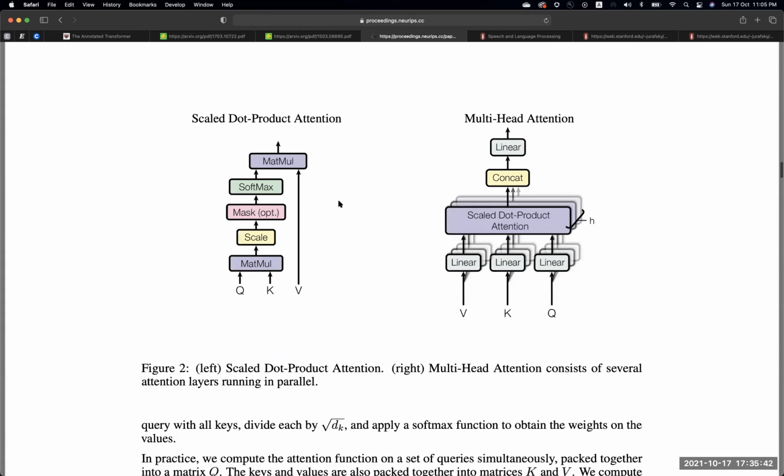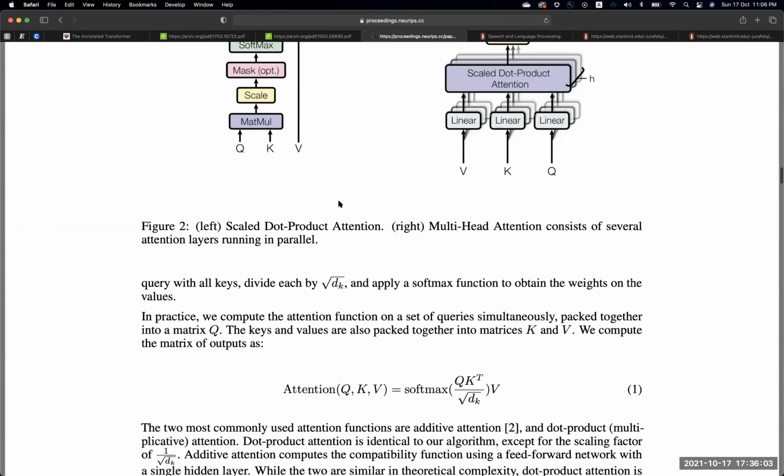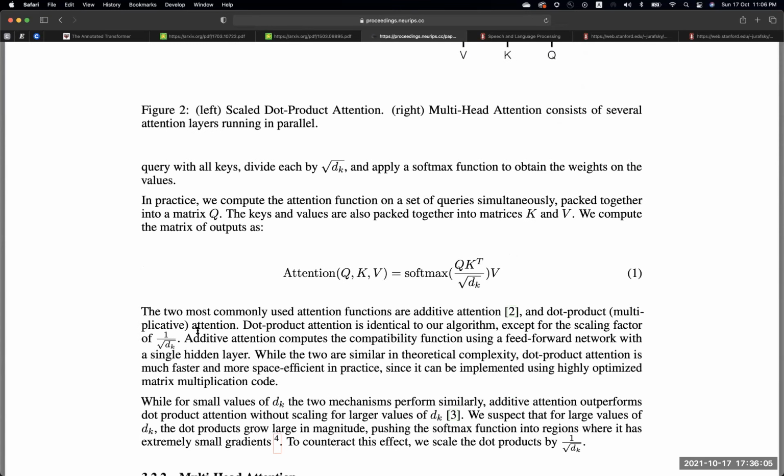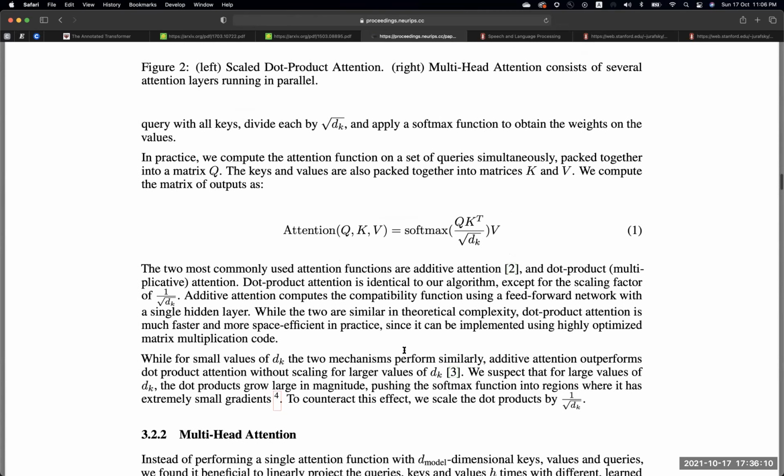So now the scaled dot product. What happens is that when we do dot product, the paper talks about two ways of doing query key multiplication, so basically finding similarity in query key. The first is simple dot product. The other is what they call additive attention. The two most commonly used attention functions are additive and dot product.